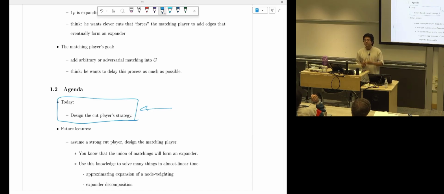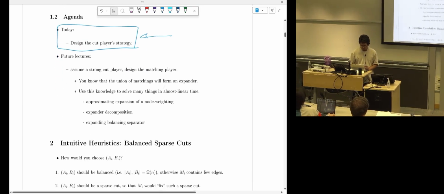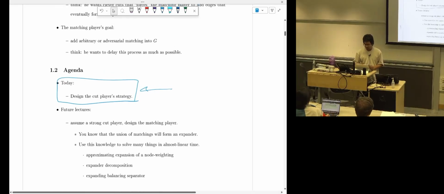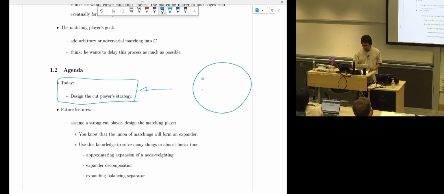For the cut player, do they want to minimize the number of rounds or the number of edges? Number of rounds. Yeah. Because if you just wanted to minimize the number of edges, then you could just, for example, choose A_i, B_i to be just a singleton and a singleton here, and the matching player has no choice but to add one specific edge.